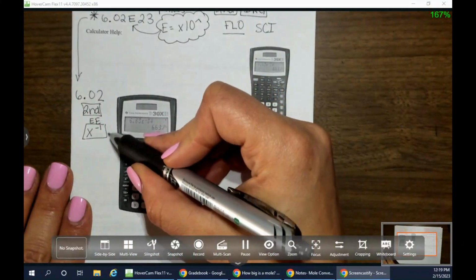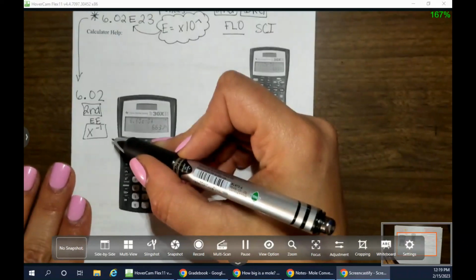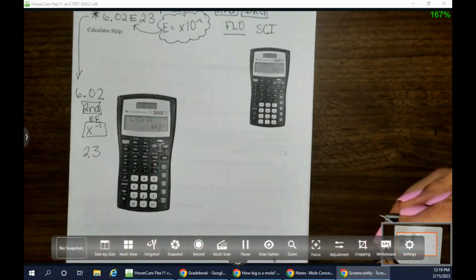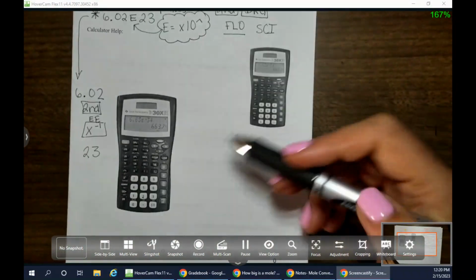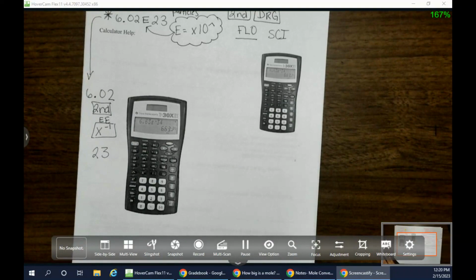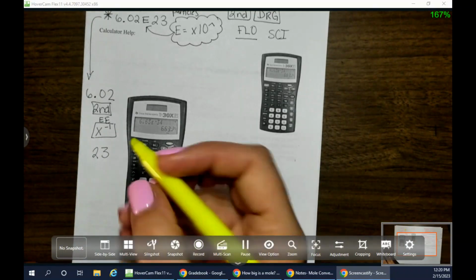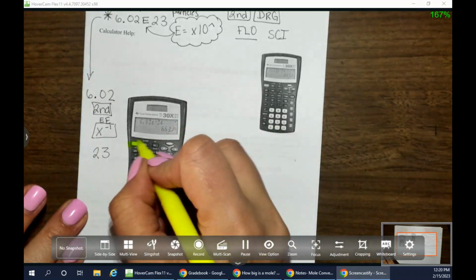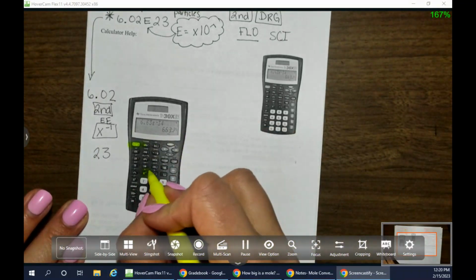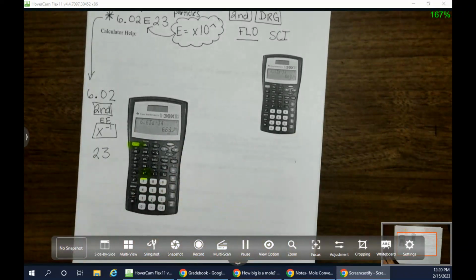You'll push those to get your E. And then you will hit 23. Once you've written that down, please take a second to try typing that in to make sure that you understand where those buttons are located. If you are able to see it with your pencil or whatever, you can highlight where these buttons are so that you know where to find them in the future.